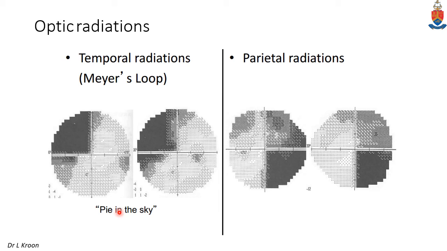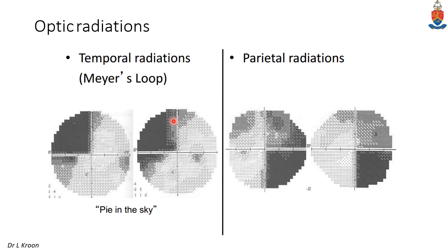Okay, so let's move back to the optic radiations. If you recall from the pathological example that I showed in the beginning of the presentation, I showed you the optic radiations that can fan forward into the temporal lobes. That's the so-called Meyer's loop. When one has a lesion in Meyer's loop, such as with neurosurgery, you can lose your visual field information above, in the superior portion of the visual fields in both eyes, as shown here.